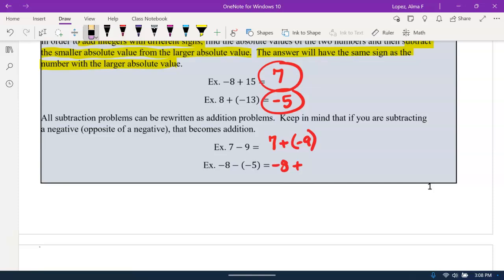Hold on, let me erase that. Let's do that one first, then we'll talk about the rule that's being shown to you in that last example. 7 minus 9 is the same thing as 7 plus a negative 9. That means subtract, because they're two different signed numbers. 9 minus 7 is 2. And because the larger one is negative, the answer is negative 2.